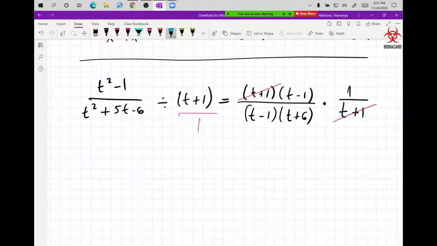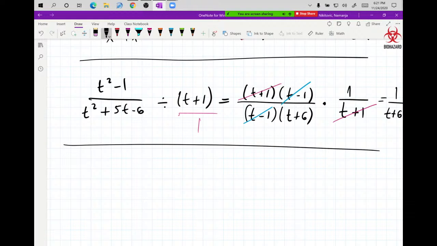Anything else? T minus 1. T minus 1, awesome. So the answer is just 1 over t plus 6. Good. One more, and that's it. We'll do the summary.